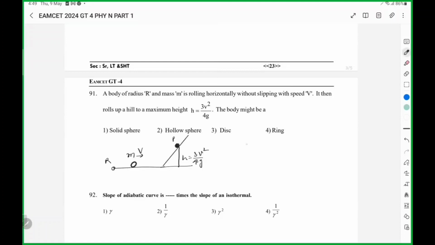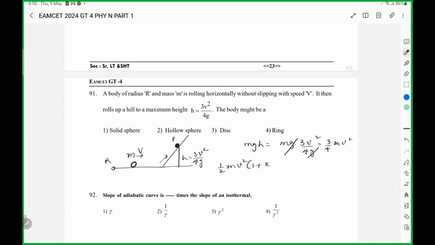At this point P, total energy is converted to potential energy, that is mg into 3v square by 4g. That is 3/4 m v square. Once it is rolling, it has translational and rotational kinetic energy.